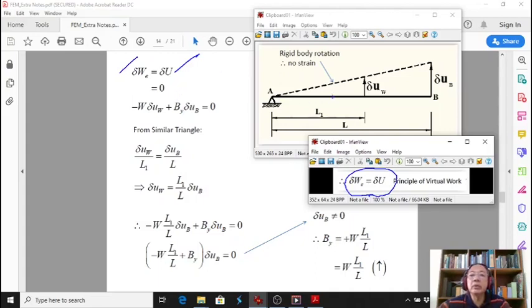So when this is rotated to here, no straining occurs, so virtual strain energy is equal to 0.